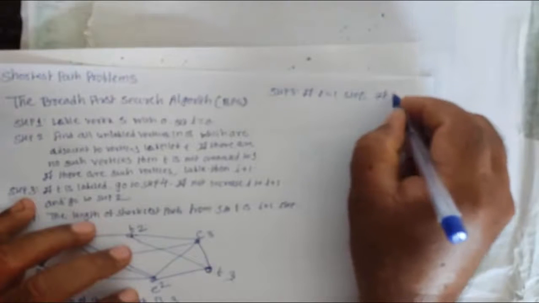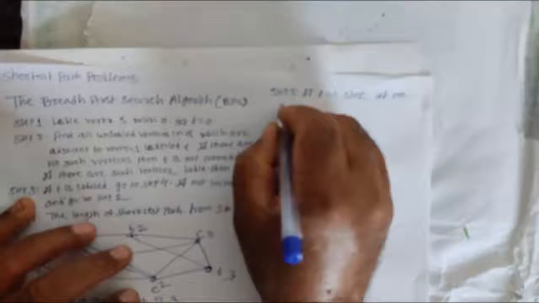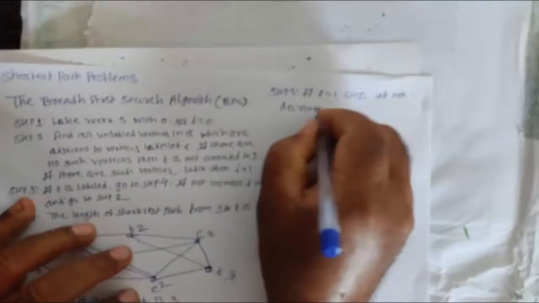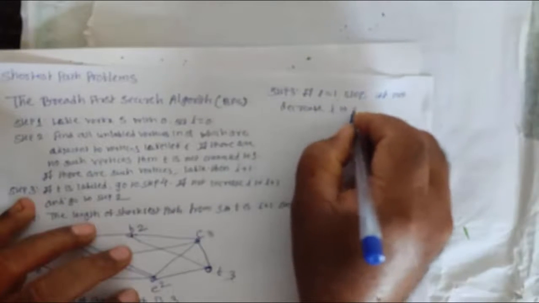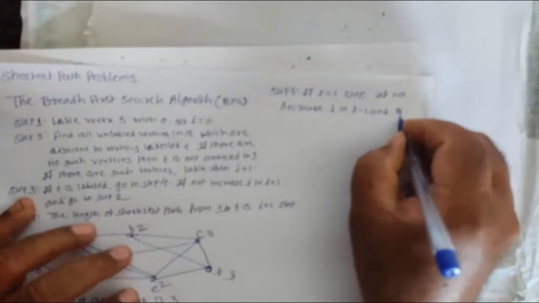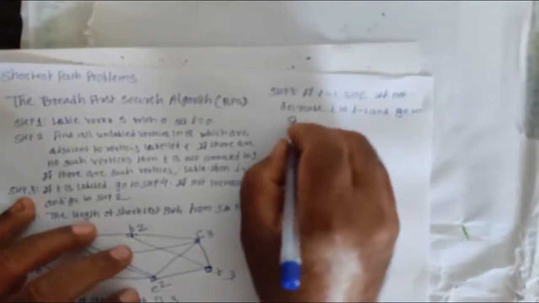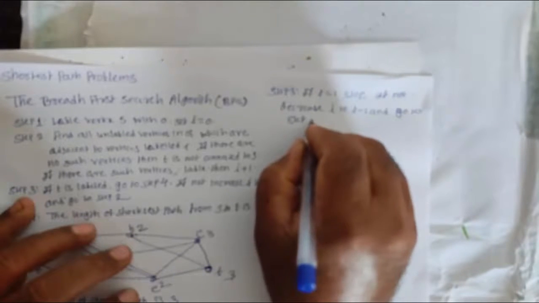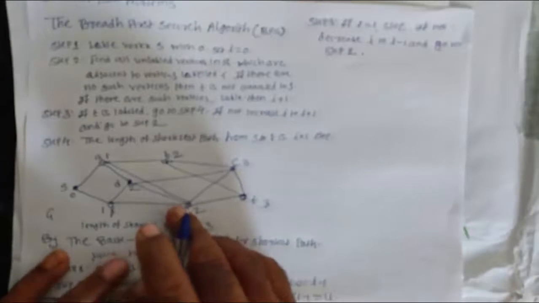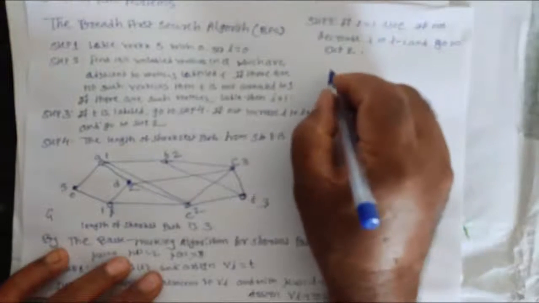If not, decrease I to I minus 1 and go to step 2.